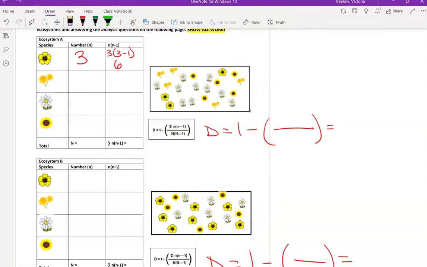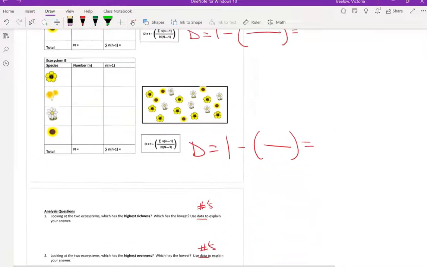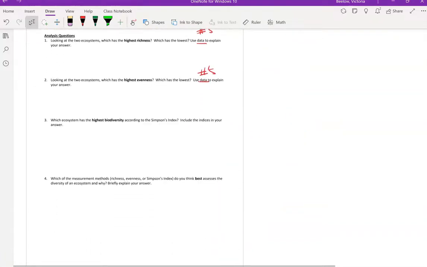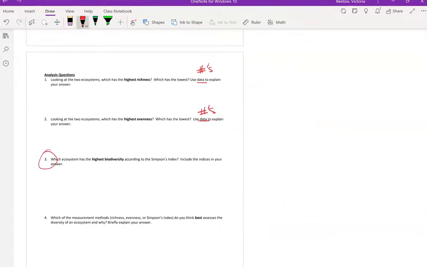Remember, richness is how many different species that you have. That will have a clear answer. And evenness is how everything is distributed, which you could actually calculate percentages to figure out. Which one has the highest biodiversity using Simpson's index?